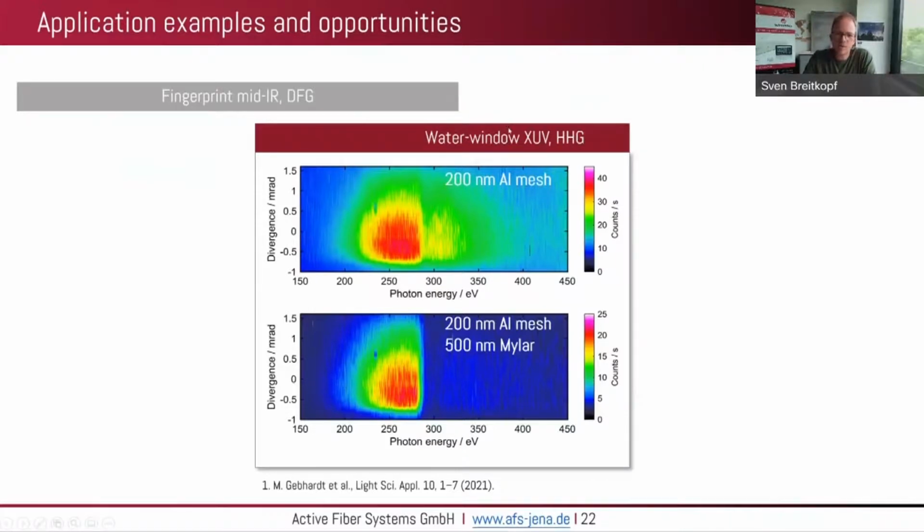But the advantage is if you start at 2 micrometer, you can go to really high photon energies. So up to a few hundred electron volts or even higher. And you can see here was a signal up to 350 electron volts obtained. This is only to show that the signal is real and not noise. This is an additional filter that blocks this light to make sure this part of the signal is real.